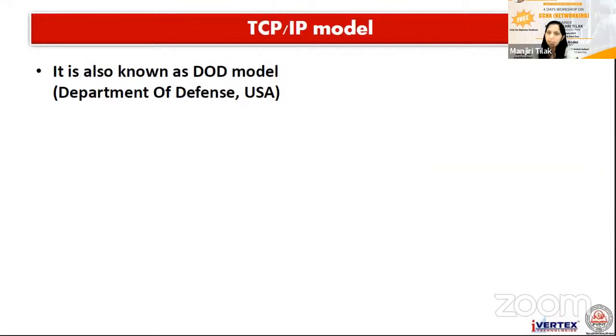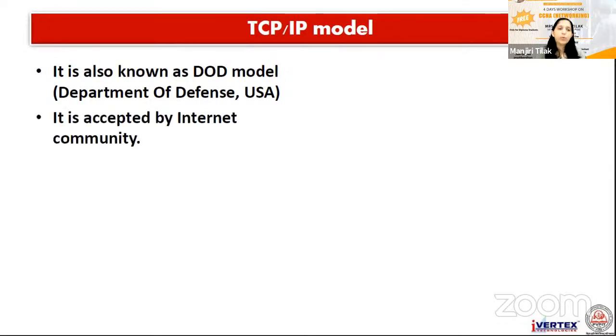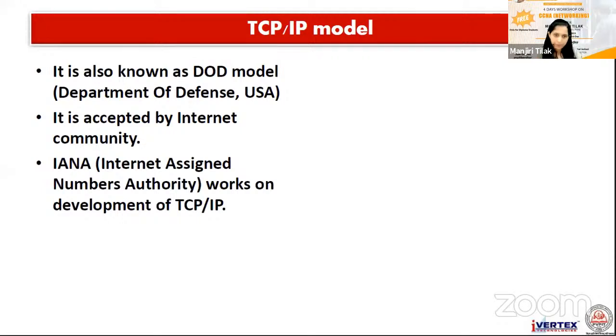The Department of Defense USA developed this TCP/IP model, or DoD model, during the Second World War for intercommunication of their own computers. Later on, the internet community accepted it, and everywhere now it is a standardized model for communication, or you can say a standard set of protocols followed in network communication.